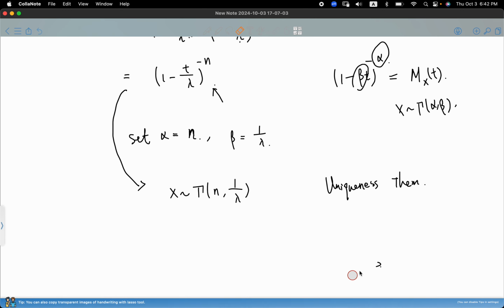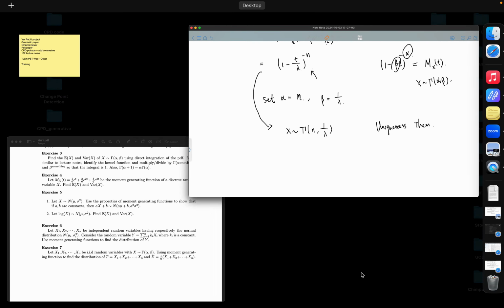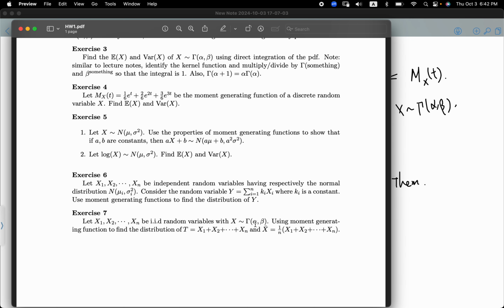Okay, so let's see. For example, exercise 6, you have independent random variables, and this is also a sum, but scaled by a coefficient. So don't forget the k when you're developing the problems.